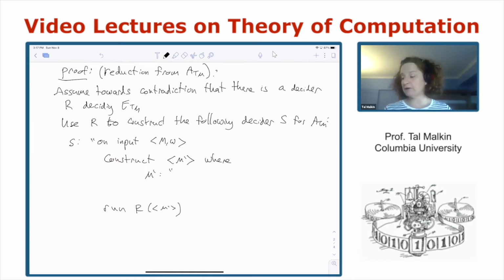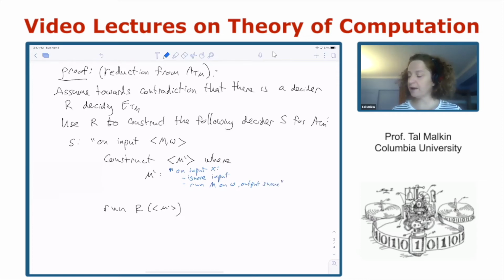Okay, so there are various ways to do it. Here is one way to do M prime. M prime on input X, this is the program specification: ignore the input, and just run or simulate M on W. I have M and W hard coded into the description of M prime, and I just run M on W and output the same.